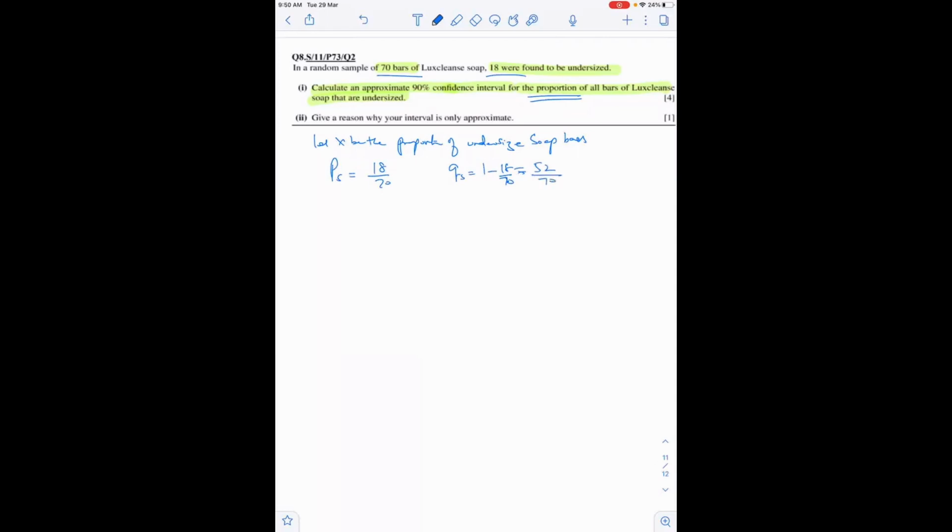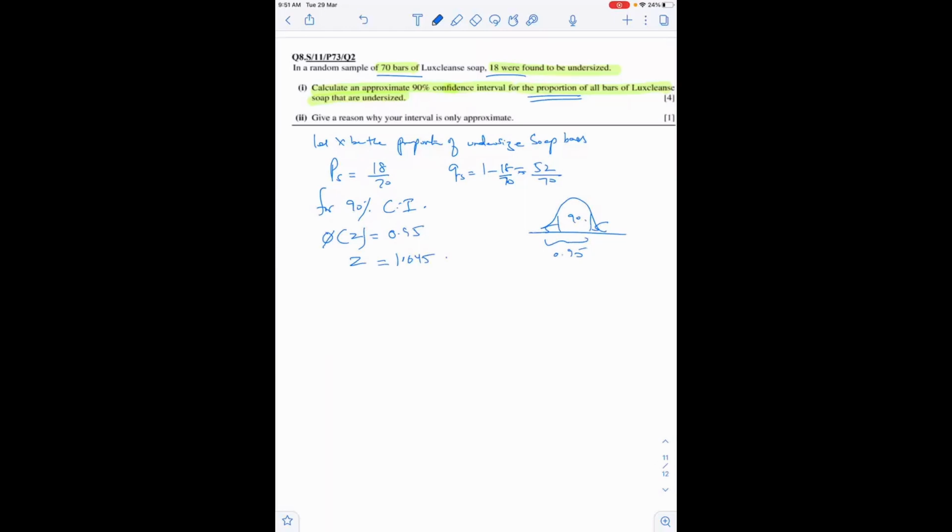Now for the 90% confidence interval, phi of Z is equal to 0.95, since this is 90, and this is 5 and this is 5. So Z equals, taking out the value with the calculator, 1.645.